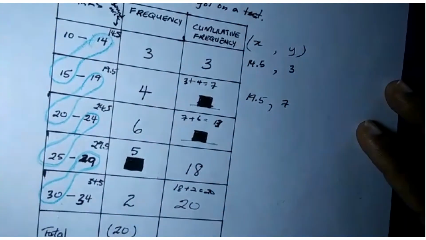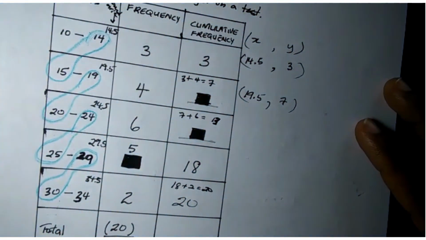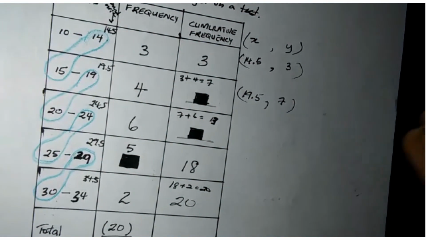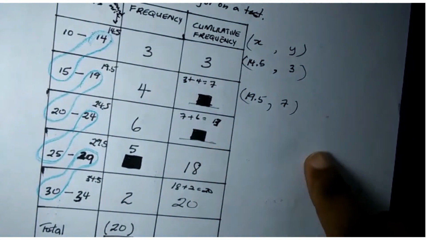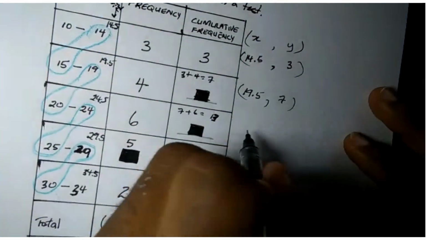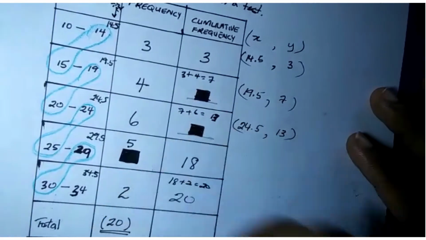You do the next one and tell me what you get. So if you got 24.5 for your x and 13 for your y, then you're good. 24.5, and my 13 for my y.